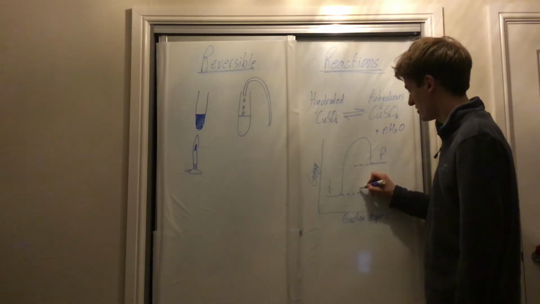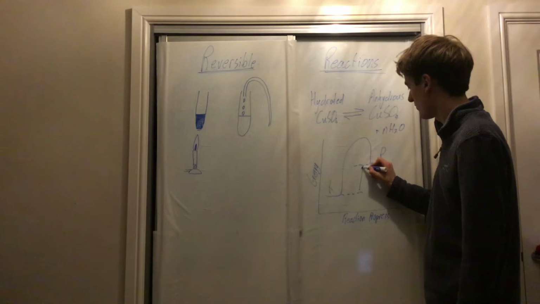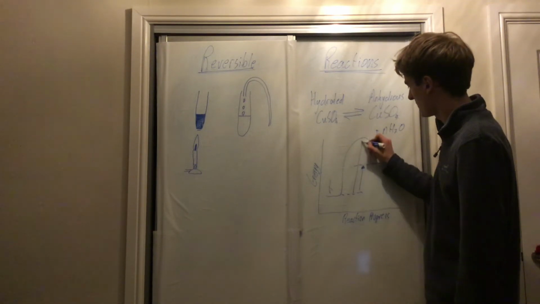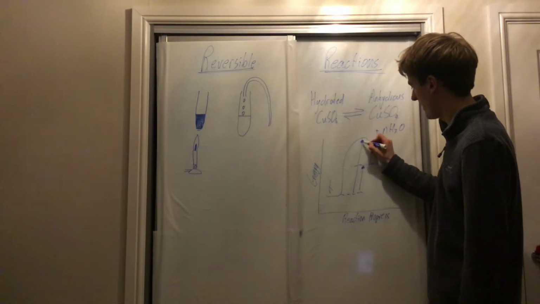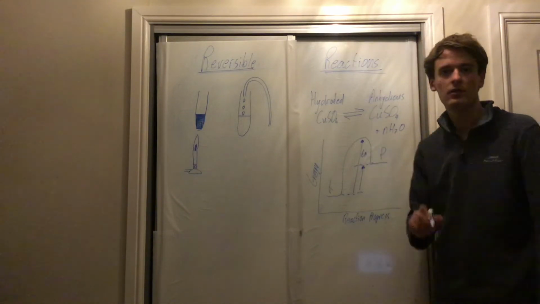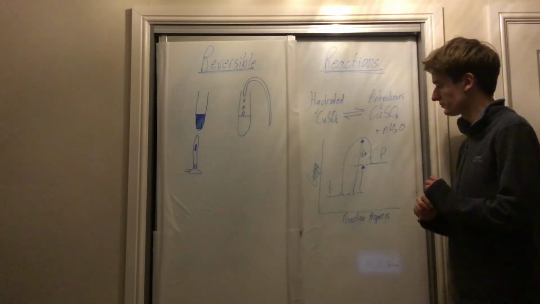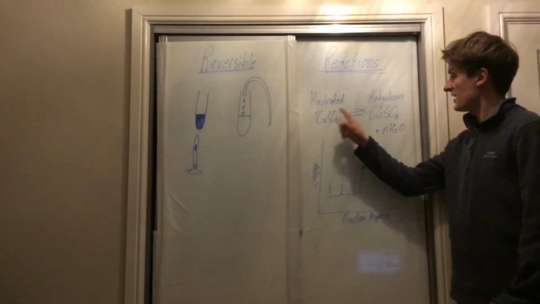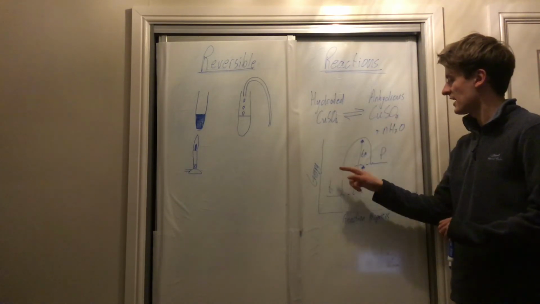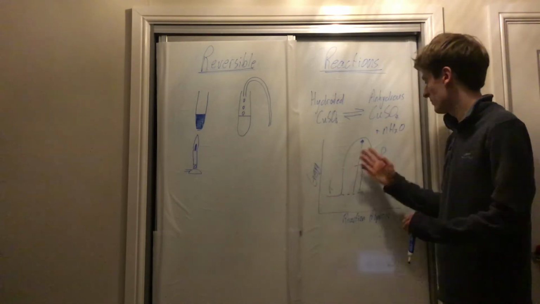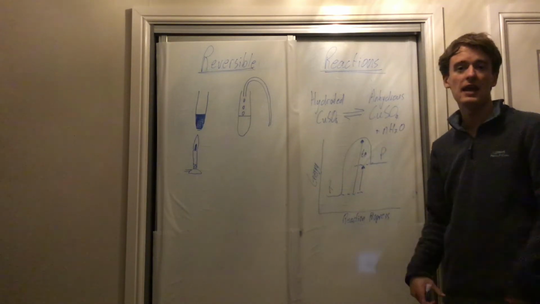Obviously, delta H is going from reactants to the products, and my activation energy is going all the way up there to the peak of the curve. And this is the forward reaction. My reactants are down here, I add energy from the Bunsen burner, and I make my product P here.